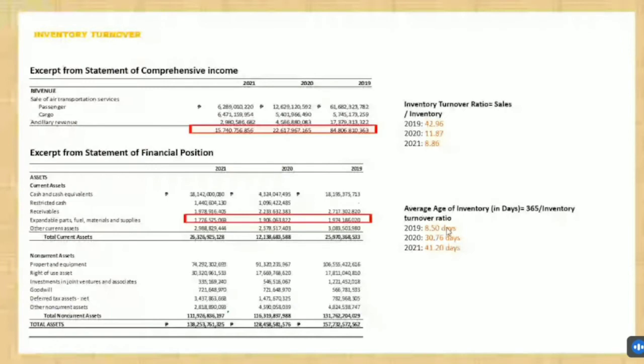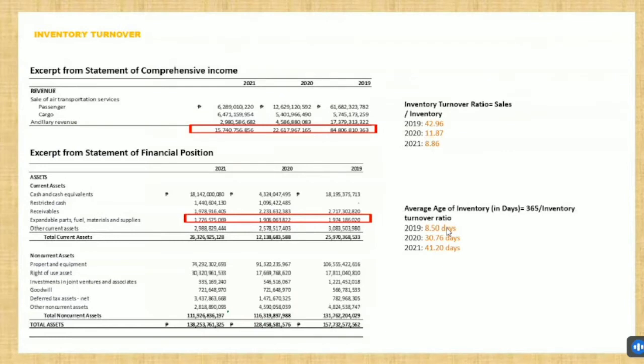So patagal na patagal siya na nagagamit yung inventory natin, pero pababa ng pababa ang ating sales. Ito lang, sobrang laki nung expense ng company, samantalang sobrang baba ng kanilang sales.